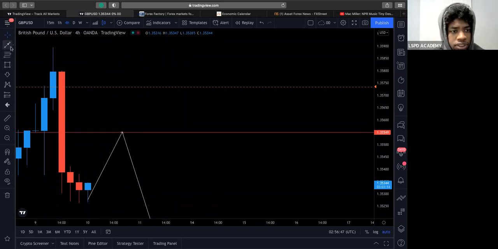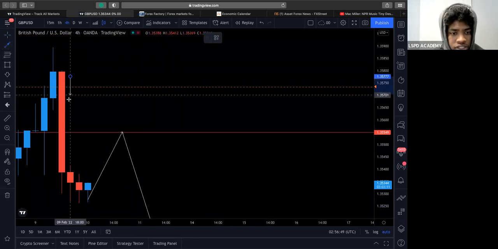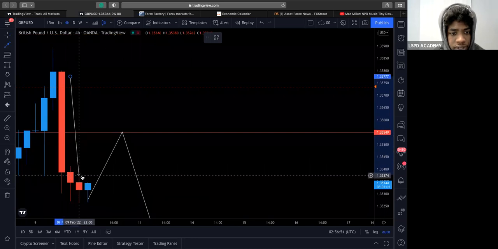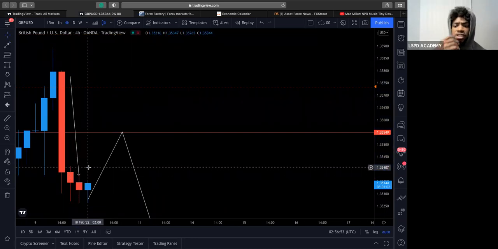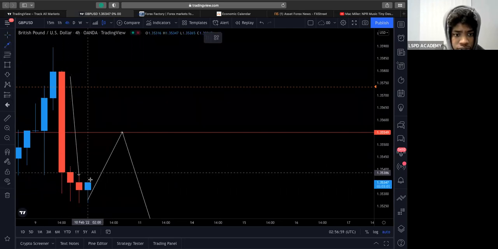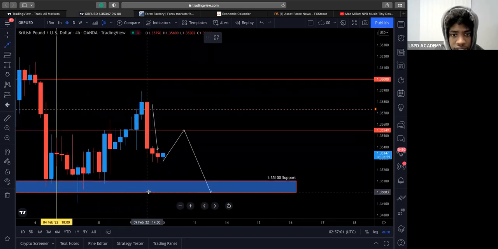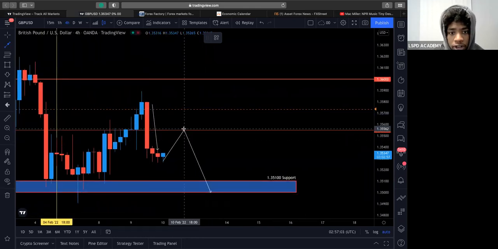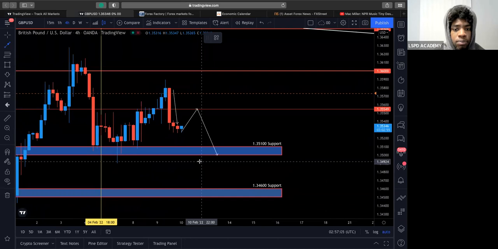Because what this typically is showing us is that price is losing that bearish strength, so it's not having as many sellers as was in the market previously. And now we're seeing buyers starting to come in, and buyers may just push this price up here, and then the sellers come back in and push that price back down.